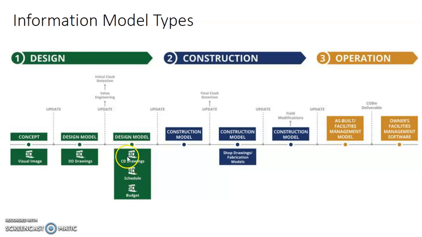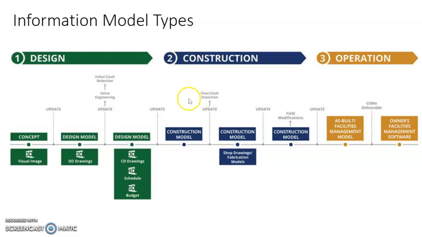So we call it the 3D model, the 4D model, where you talk about the scheduling incorporated into your BIM model, and you can talk about 5D, where you are incorporating the budget into this BIM model. At the same time, your model is continuing to evolve, so you need to always update the latest version into your repository.